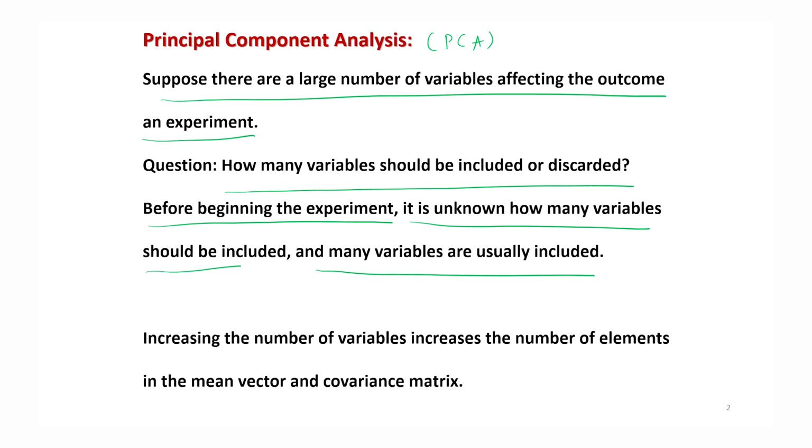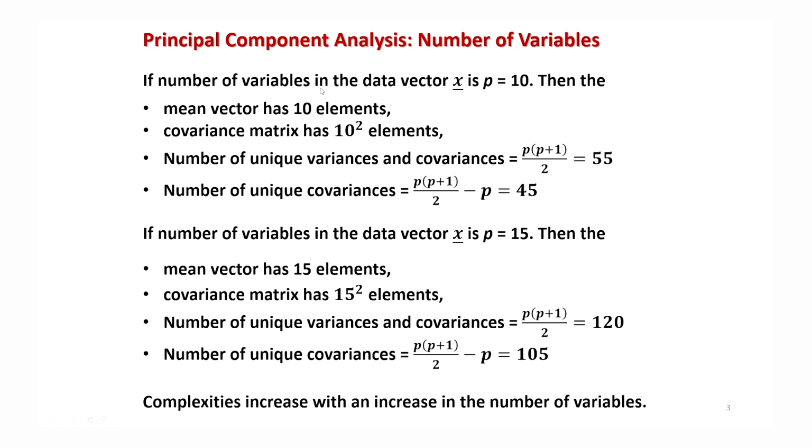But when we increase the number of variables, it has its own complications. For example, the number of elements in the mean vector and covariance matrix will also increase. If in a data vector, say x, there are 10 variables, that is p equal to 10, where p indicates the number of variables, then the mean vector will have 10 elements and the covariance matrix will have 10 into 10, that is 100 elements.